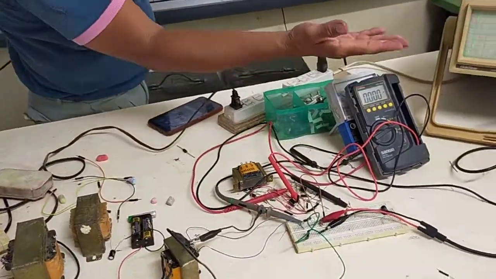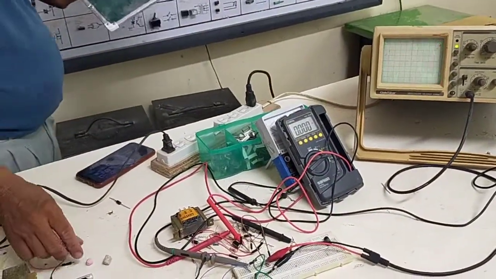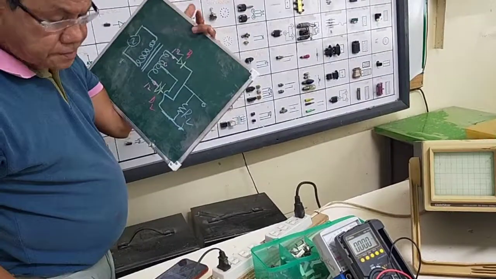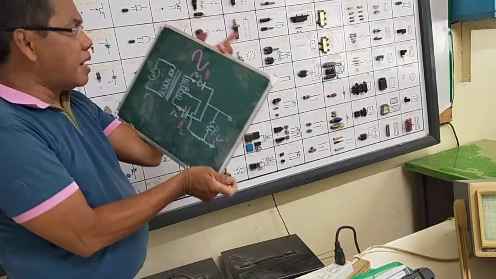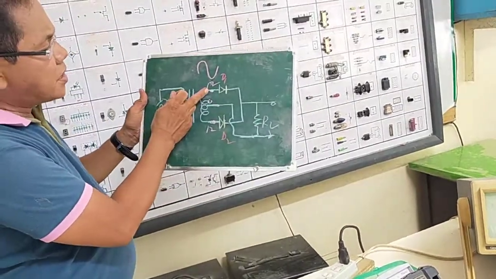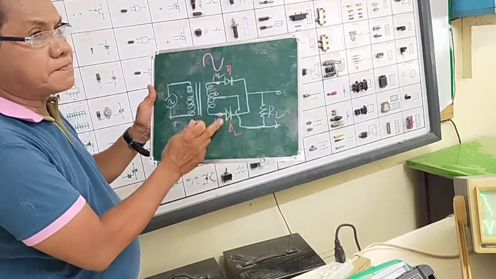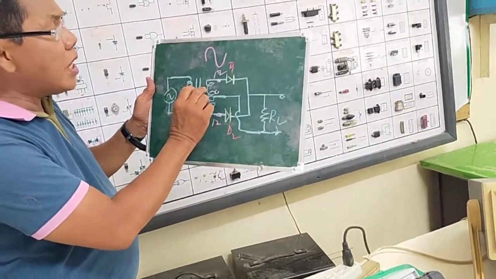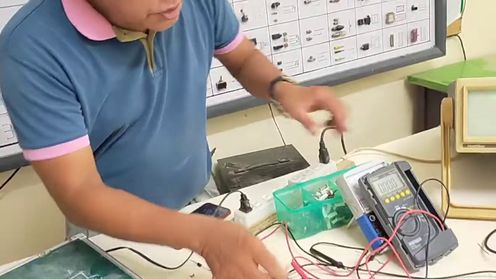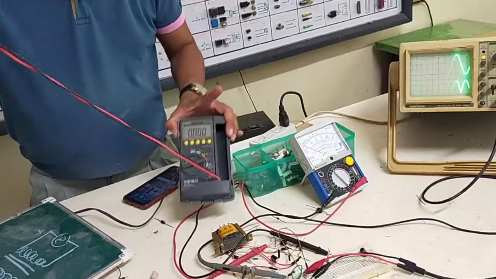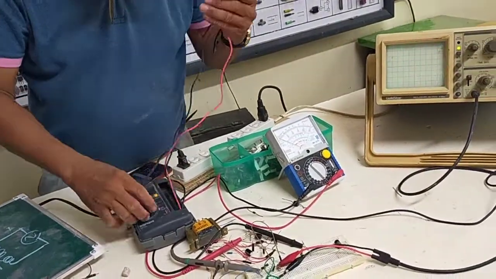Why does it become full wave? Because it goes like this. In the first half cycle from the secondary winding, by the way, the transformer is a center tap type. Dual output voltage, because dual, meaning to say there are two output voltages which are opposite in polarity to each other.